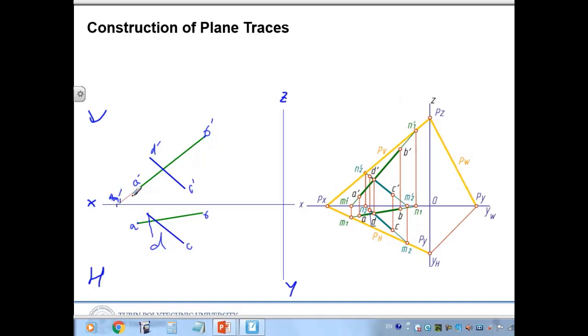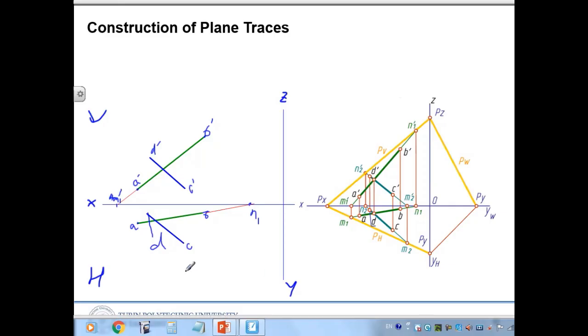Okay, so here, and also extend this one, the AB projection, until it reaches the OX axis. So it's here. So that makes a point N1.